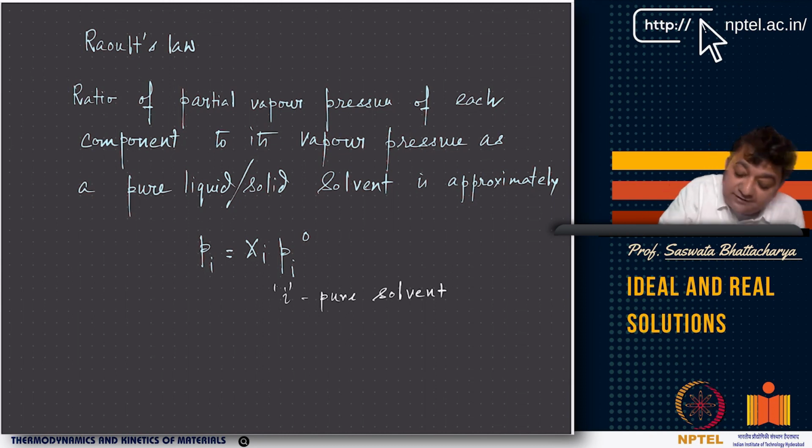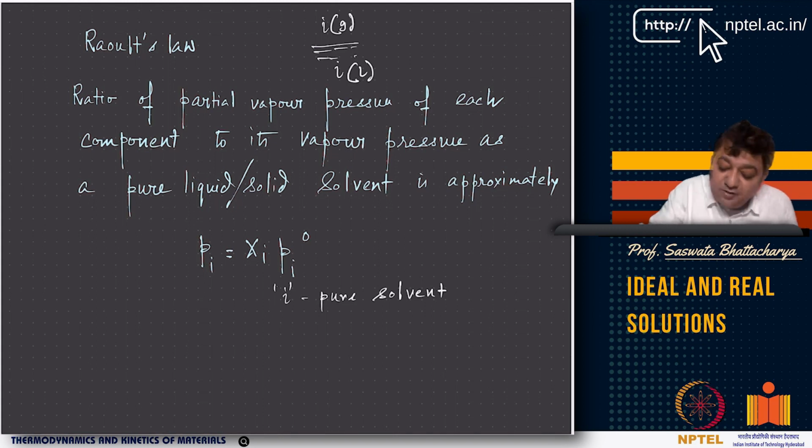So you have a solvent. If you have a solvent, then there is always a gas phase. So you have component I in the gas phase, and it is in the liquid phase. Now in the pure form, the vapor pressure exerted by I in the gaseous state is P0I.